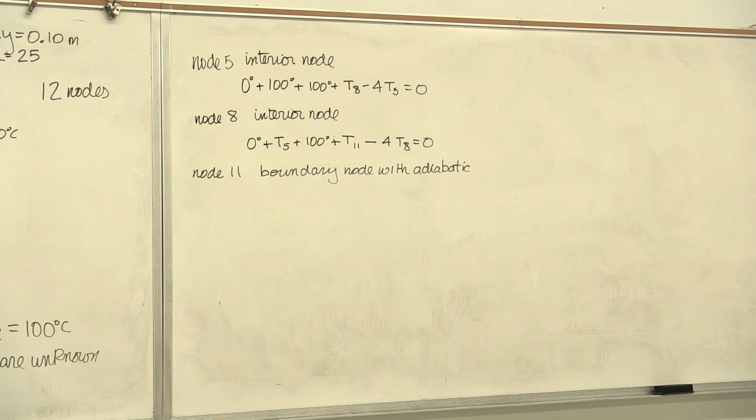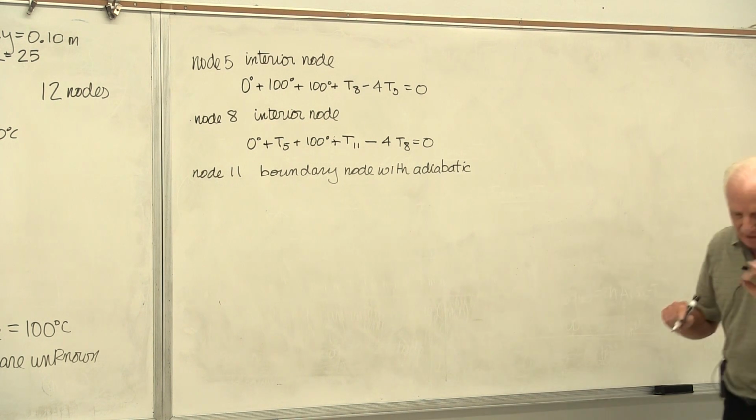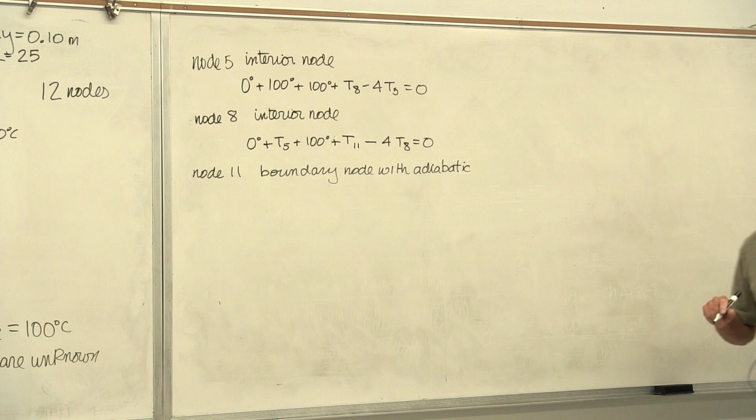Now, in the table, in very fine print at the bottom, if you read real carefully, it says, if the boundary is adiabatic in the equation, set h equals 0. Okay, big hint, thank you very much. If you've got an adiabatic boundary in the equation for that node, set h equals 0.